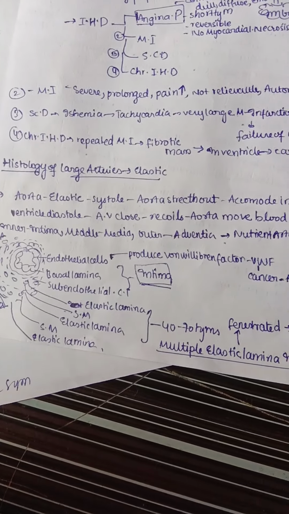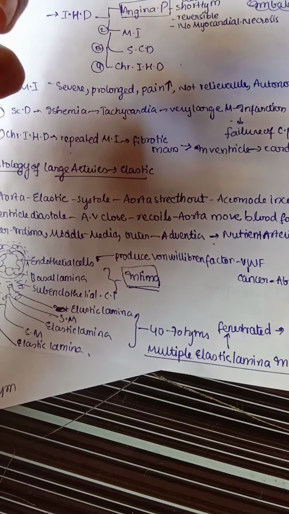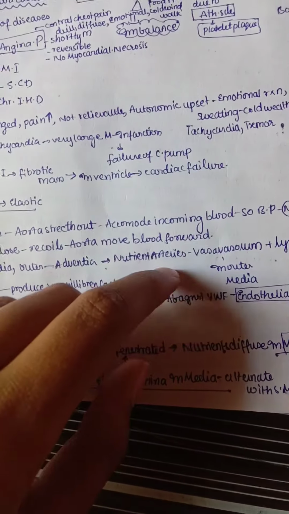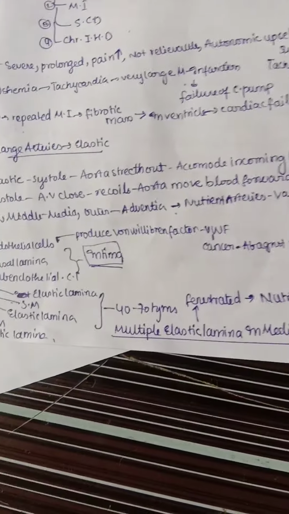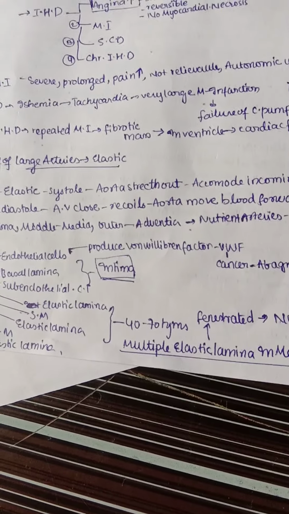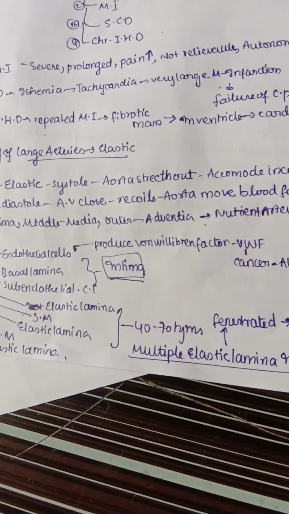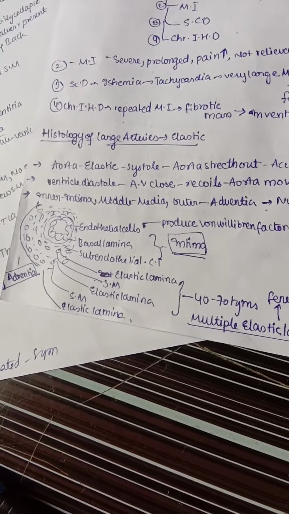During ventricular diastole, the aortic valve closes and the aorta recoils, moving the blood forward. So blood flow through the aorta is continuous to the different parts of our arteries, mainly because of its recoiling, that is elastic, nature.